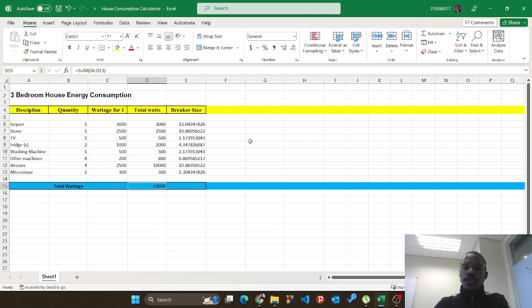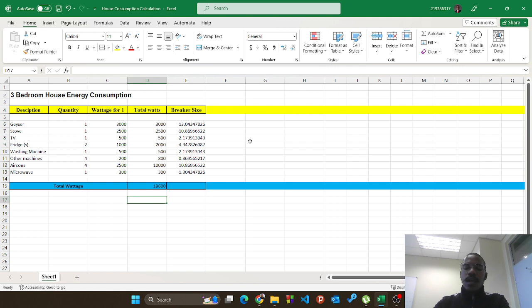So what you would get to see is that for that normal three-bedroom house, you are looking at a 19.6 kilowatt system that you are designing for that particular client. And you know the basic formula of power is equal to voltage multiplied by current. Now you would want the specific current to supply to that particular house.